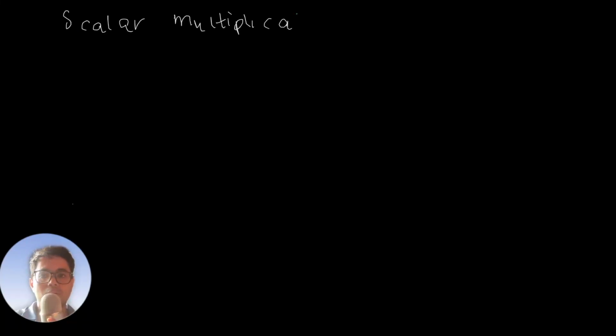Okay, what we mean by scalar multiplication is the multiplication between a scalar and a vector. So that means 5 multiplied by a vector A. This is a scalar multiplication.